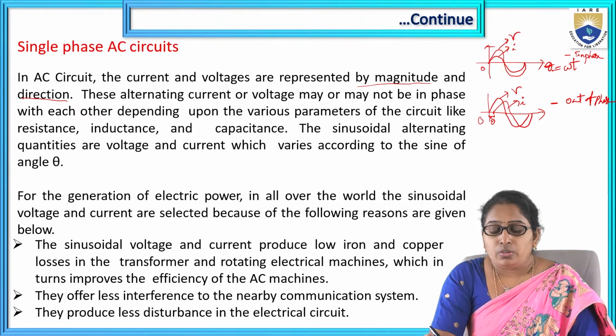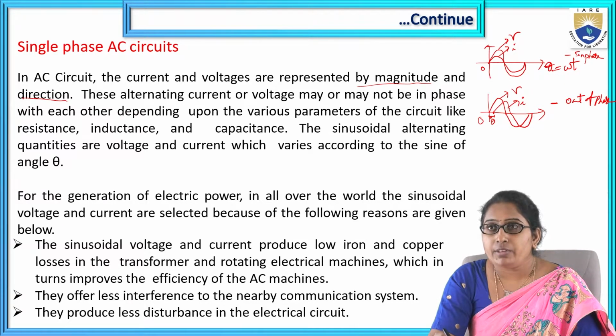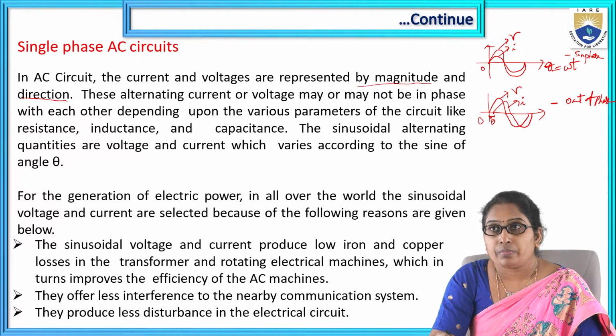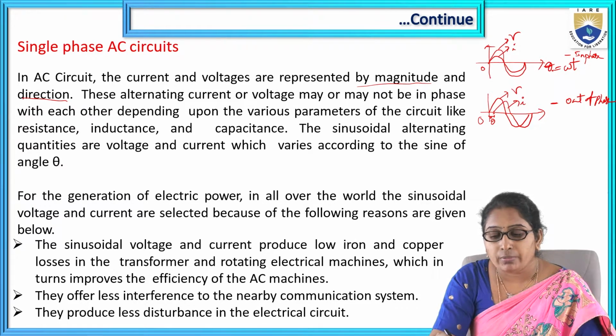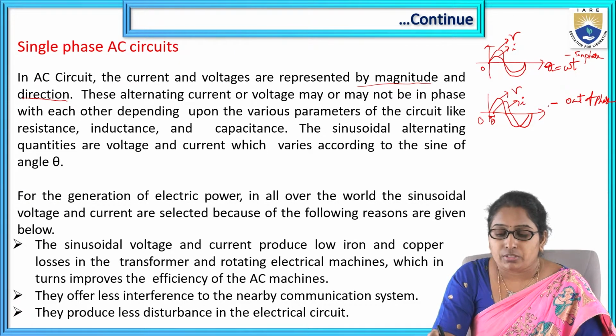If you see the second picture, the current is behind the voltage. The current wave is behind the voltage, so the terminology is current lagging voltage. This happens usually in case of inductance.